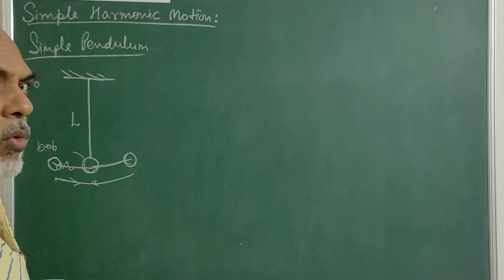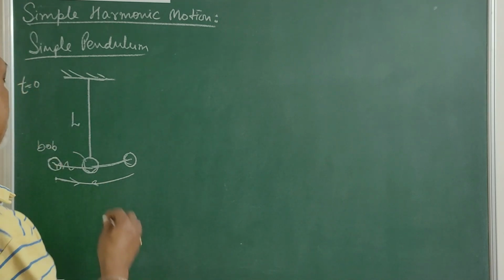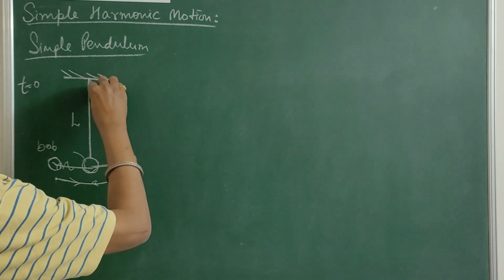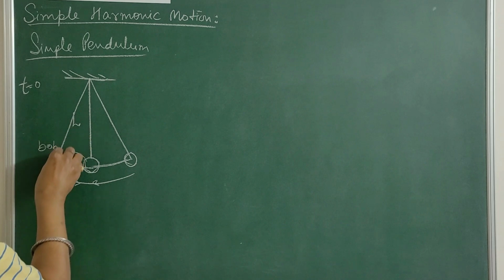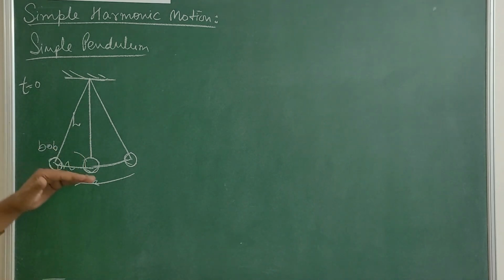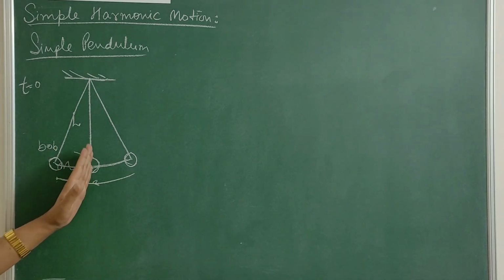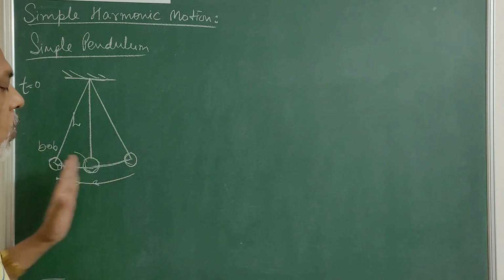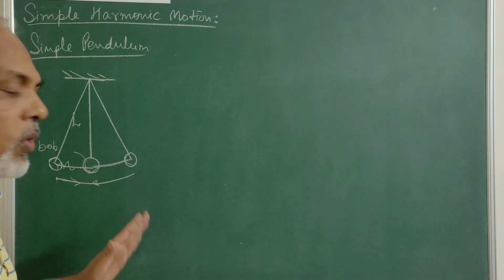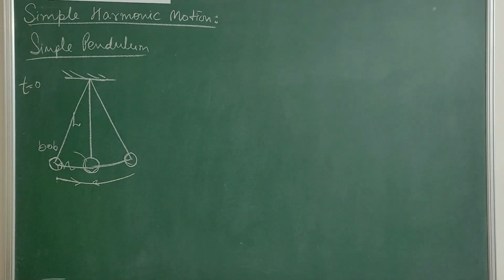It will try to acquire the equilibrium position. So this is how this pendulum works. From its middle position, that is the equilibrium position, it goes to and fro. This is called to and fro motion.